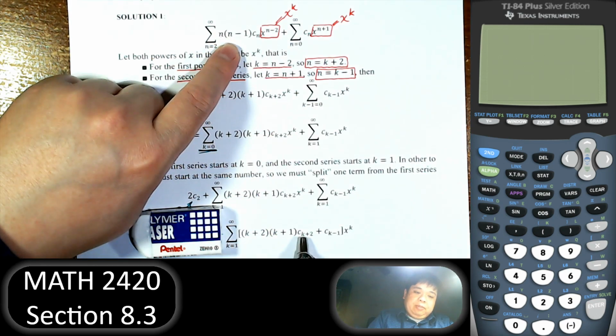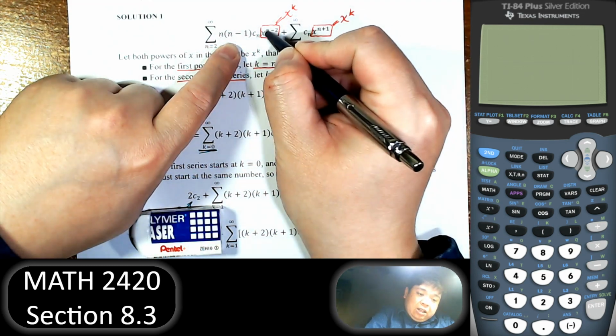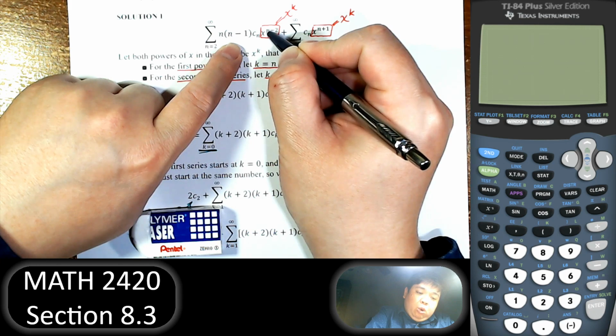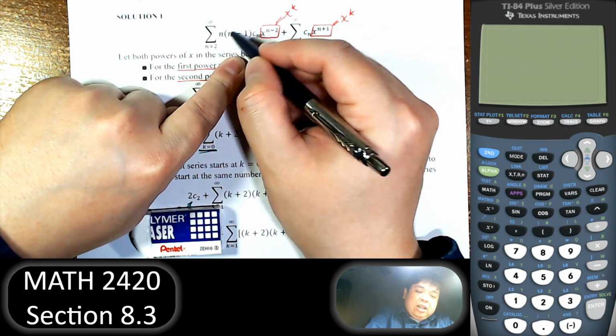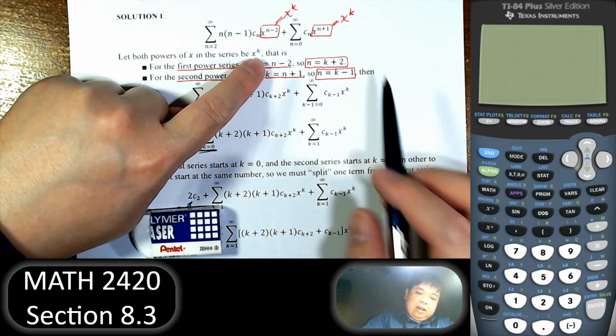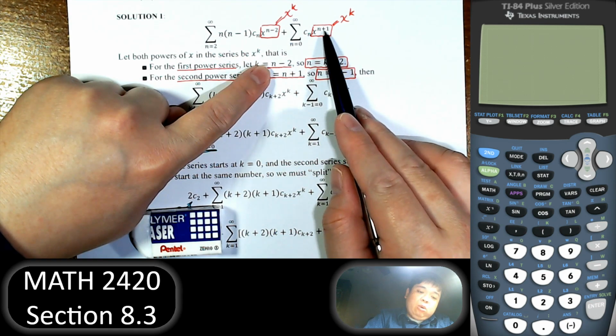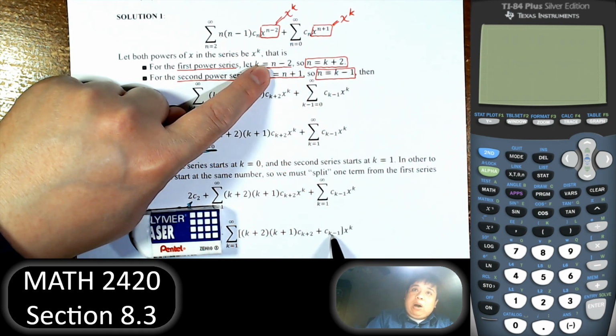So bottom line is the power of x here will be 2 less than this and 1 less than that coefficient. And then the next one, the power will be 1 more than the index of the coefficient. So that checks.